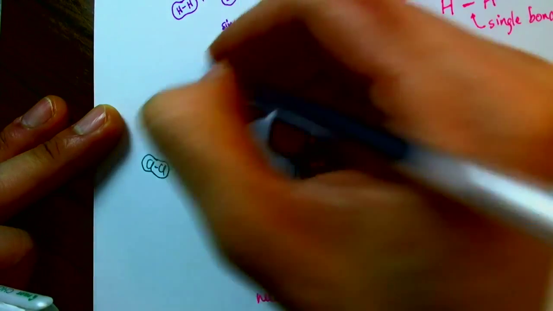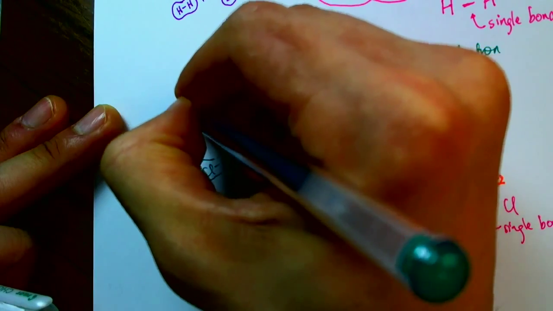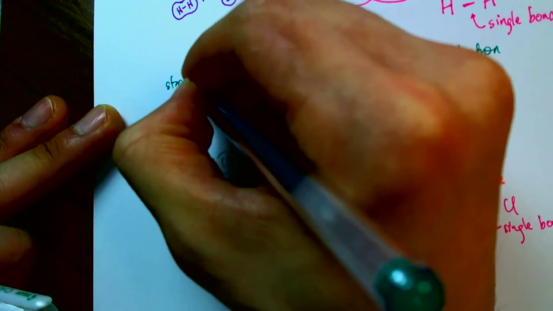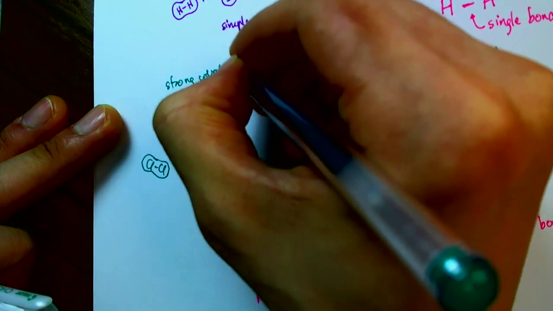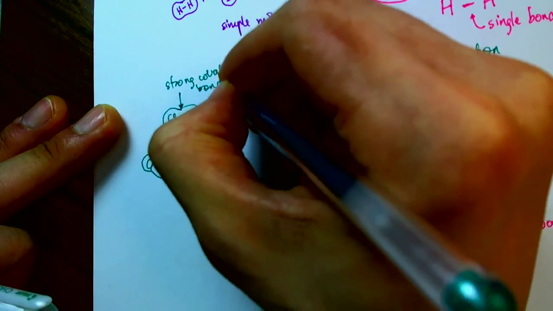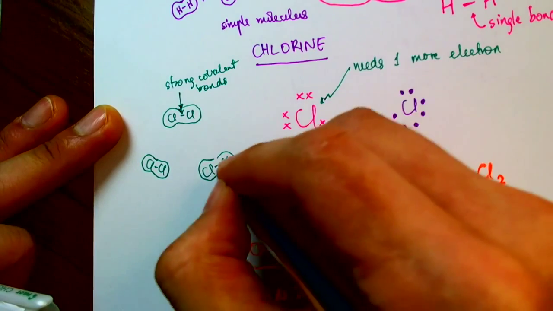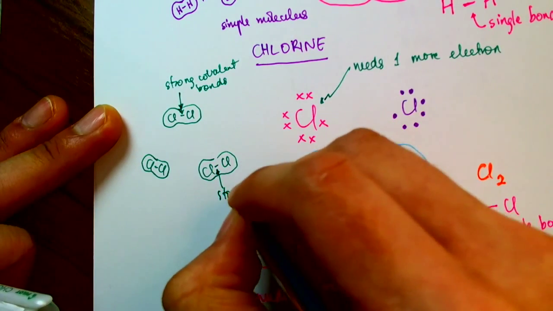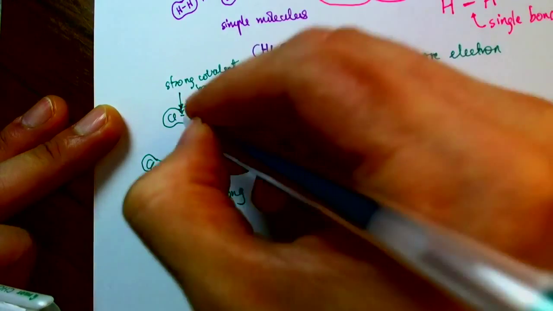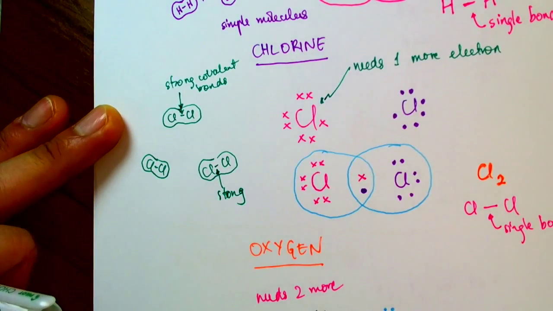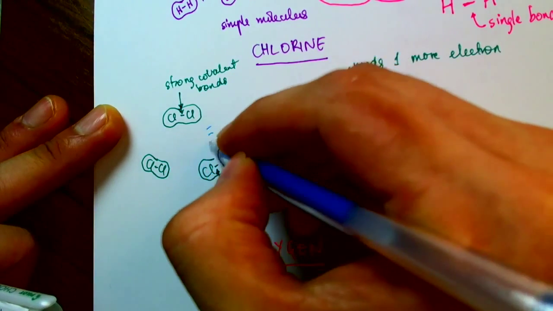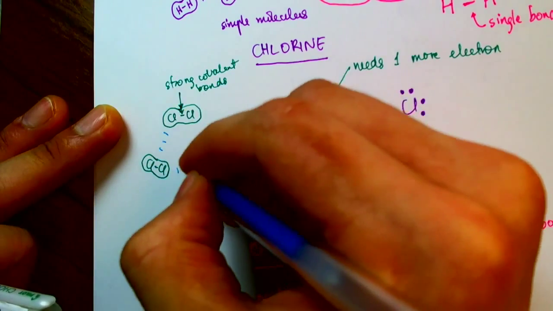So inside the chlorine molecules, we have strong covalent bonds. Whereas in between the chlorine molecules, we have this weak force.